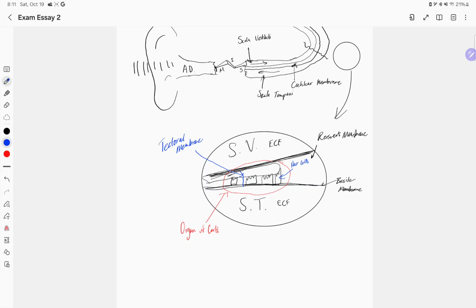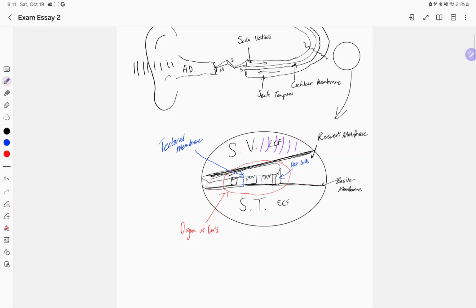And so what happens is you have these vibrations, right? So you have these sound waves coming in the auditory duct, hitting the tympanic membrane, and then transferring that energy into the cochlea, and you have these vibrations. Let me use orange or purple. That's better. These vibrations that are coming through this liquid, right?